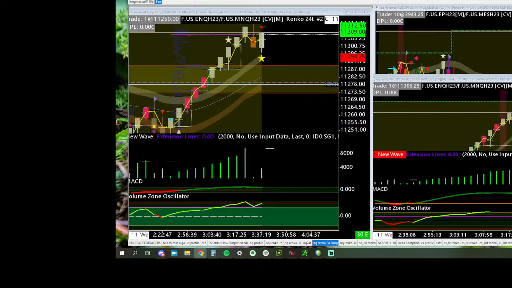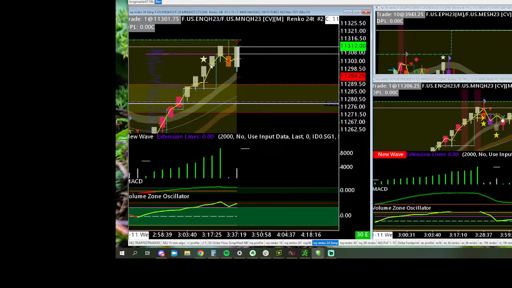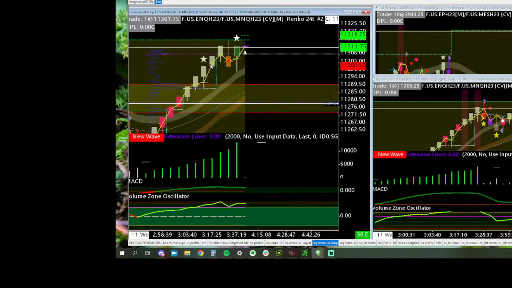Here they come. Maybe my instinct was right this time. My stop is right above high of day, so if they take it, they take it. And it looks like they will. There's a big buyer here.